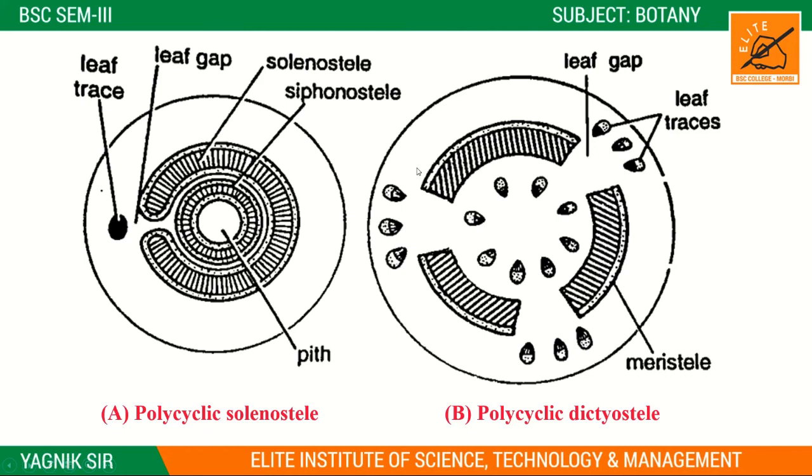Which type? Polycyclic dictyostele, because dictyostele means a meristele. Here the vascular strands are separate, right? So this is the main arrangement, right? And this is a polycyclic solenostele, based on the other solenostele, right? This is a cyclic arrangement, and here leaf traces and leaf gaps are also present, right?